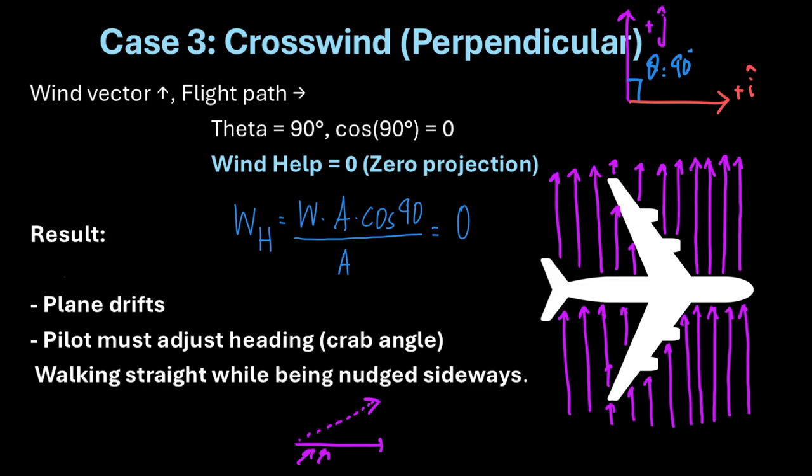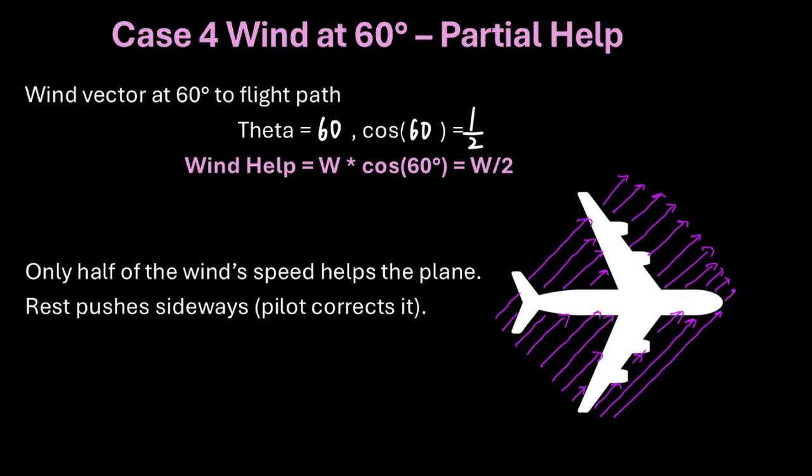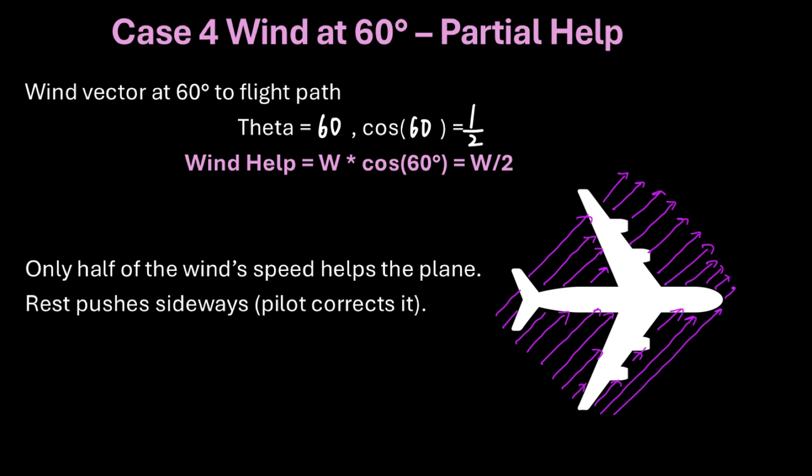Which condition? When the wind is perpendicular to the path of the aircraft. Okay? Now, case 4, when the wind is at 60 degrees. This time, this is the vector of wind, and this is the vector of the flight's path, and the angle between these vectors is 60 degrees. When theta is 60 degrees, what is cos 60? 1 by 2.